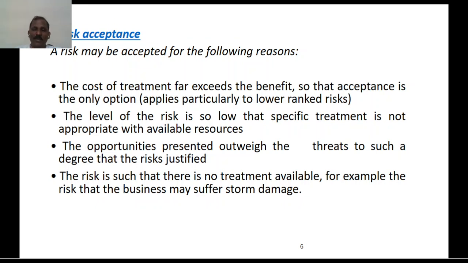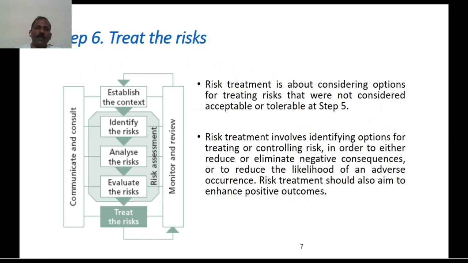Say the treatment is very costly, and even the result of the treatment is the same. The opportunities presented outweigh the threats to such a degree that the risk is justified. The risk is such that there is no treatment available, for example, the risk that the business may suffer storm damage.